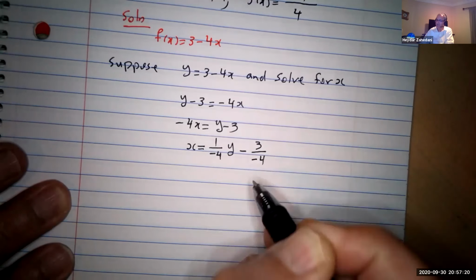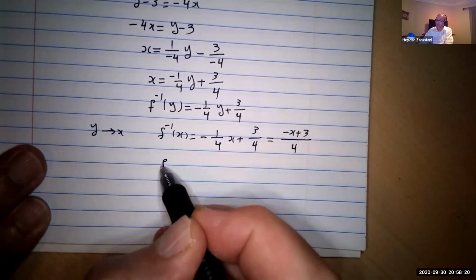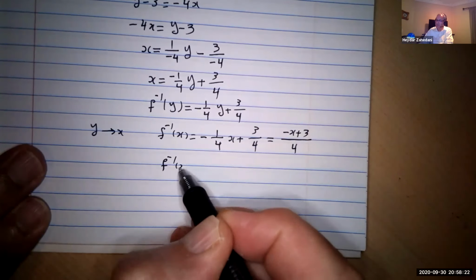If you want to change it to x, switch. So that gives f inverse of x equal to negative a quarter of x plus 3/4, which is the same thing. You can rewrite it as 3 minus x over 4. So f inverse of x is equal to 3 minus x over 4, and you're done.